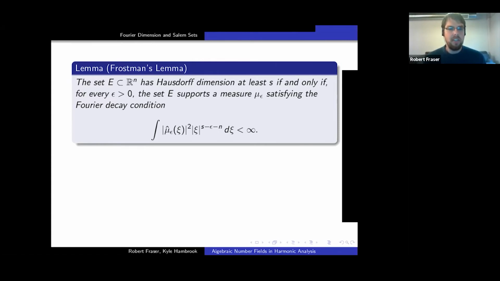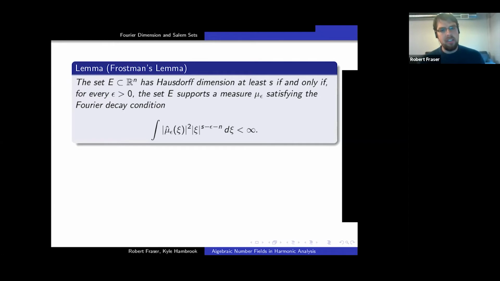So I'm sure everybody in the audience who saw her talk knows what it is. But for those of you who missed her talk, I'm just going to remind people. So Frostman's lemma says that the set E has Hausdorff dimension at least s if and only if E supports a measure whose Fourier transform in an L2 average sense basically decays like |ξ| to the minus s over 2.